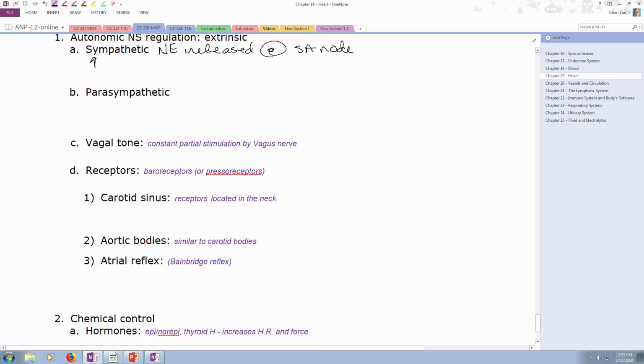It will cause an increase in the depolarizations. And it does this by causing increased sodium leakage. The leakier you are, the more sharp the upward curve for threshold, and that increases our depolarization rate. And so therefore heart rate rises.